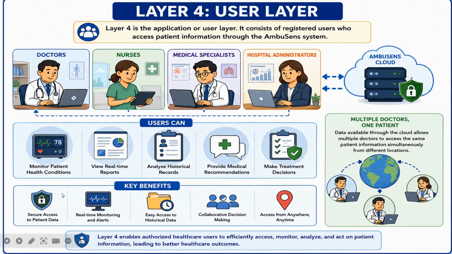Healthcare professionals can monitor the patient health conditions using the real-time physiological data collected from the sensors, and they can also view real-time reports that provide current information about the patient's vital signs and overall health status. In addition, users can analyze the historical data or records, allowing them to study previous medical conditions, treatments, and health trends.